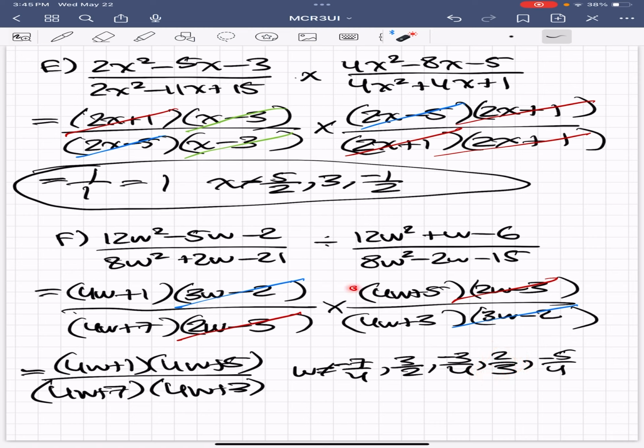And then because these two were on the bottom, it was covered right there for this one. But because it was on the bottom in the first part of the problem, we have to count it as a restriction. So for this one, negative 5 over 4.